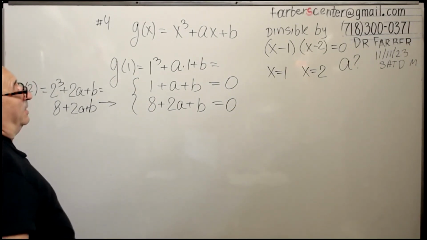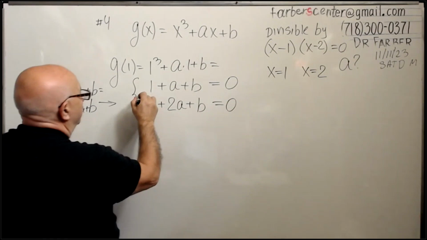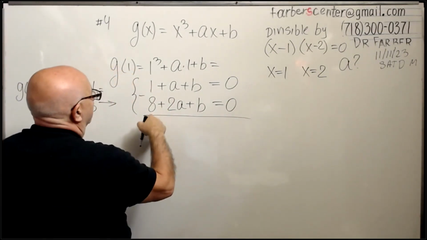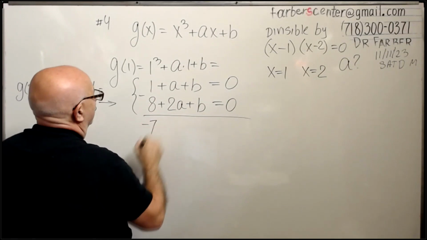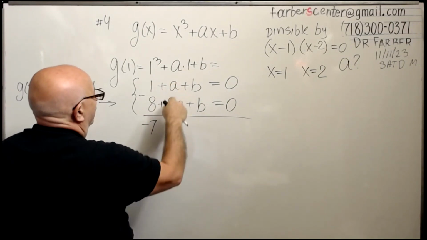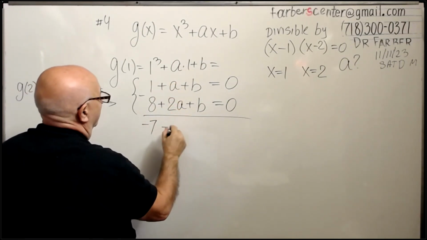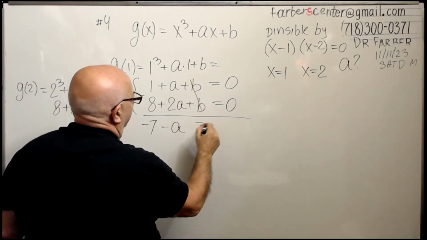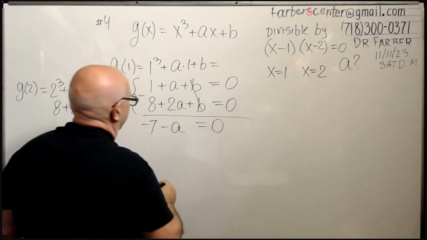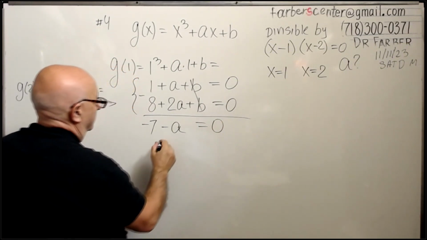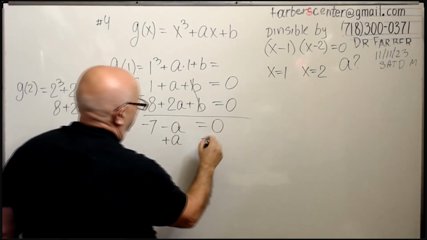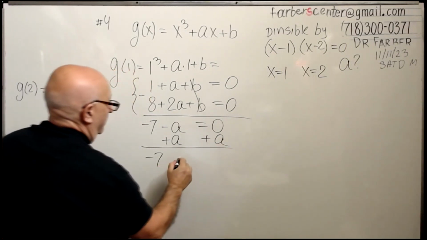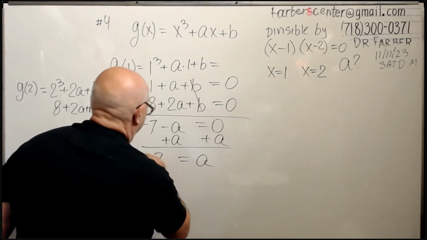Now, how to find a? Easy. 1 minus 8 is negative 7. a minus 2a is negative a. b minus b cancel out, equals 0. So I've got negative 7 plus a equals 0.